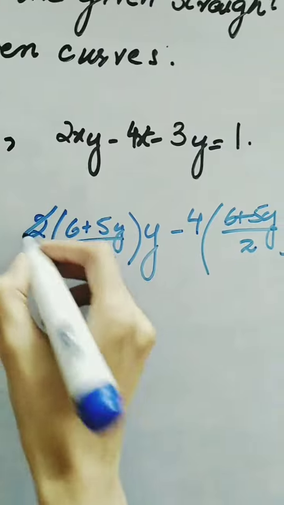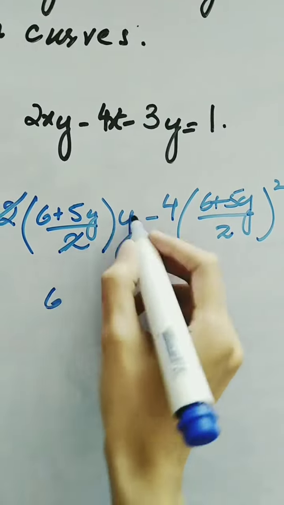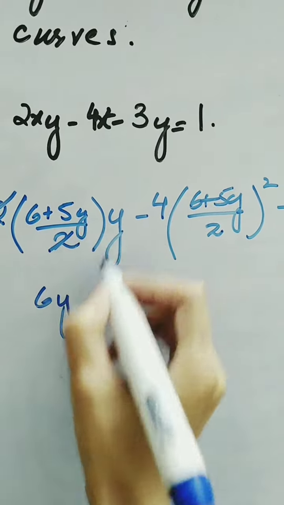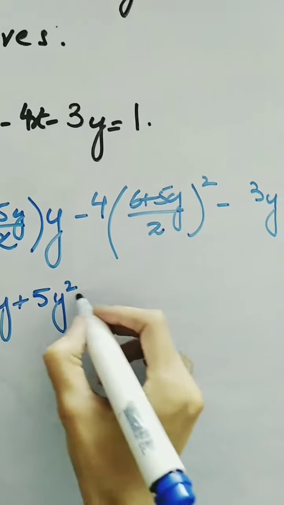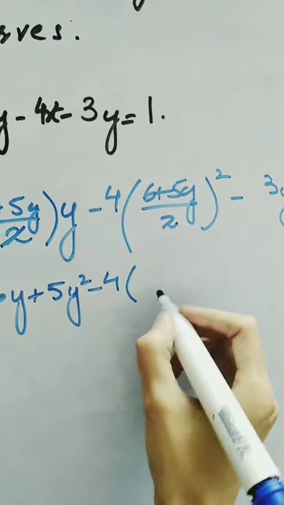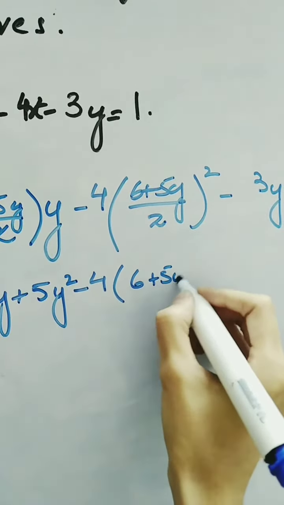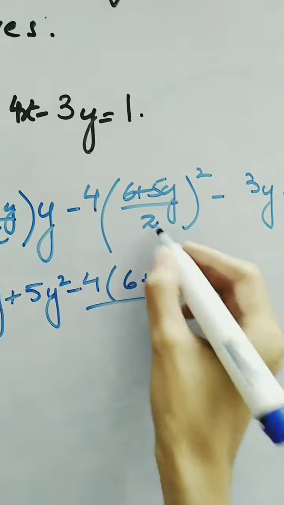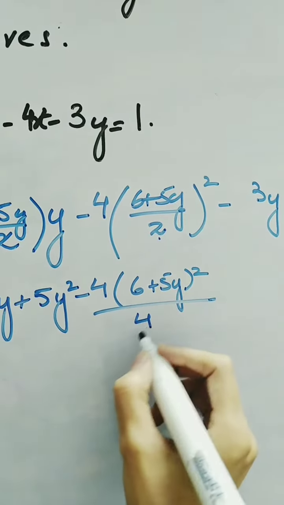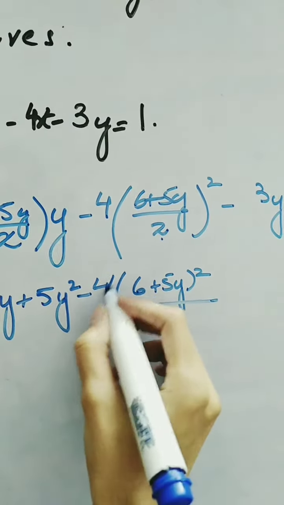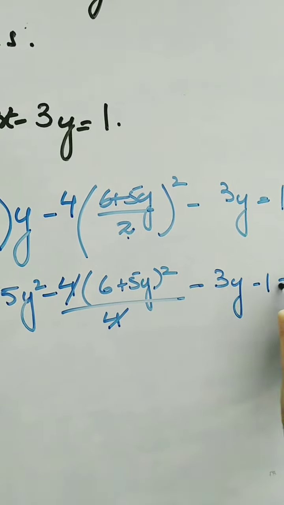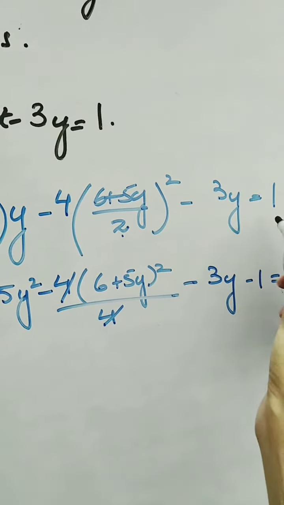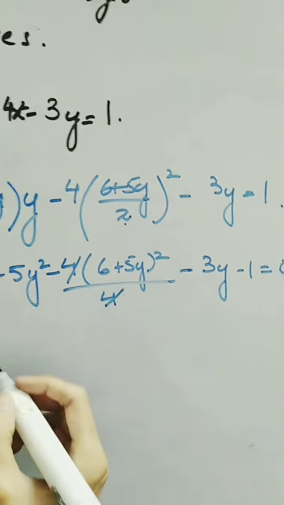This 2 cancels out with this 2 and we will have 6y plus 5y square minus 4 times 6 plus 5y whole square. We have just applied a square on this 2 and it becomes 4, and this 4 cancels out with this 4, minus 3y minus 1 is equals to 0. We have shifted this 1 to the other side.